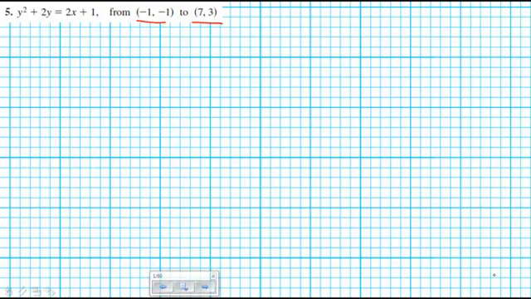We have a choice. Our choice is whether we're going to do this in a dy dx or a dx dy fashion, because we have two formulas for arc length.